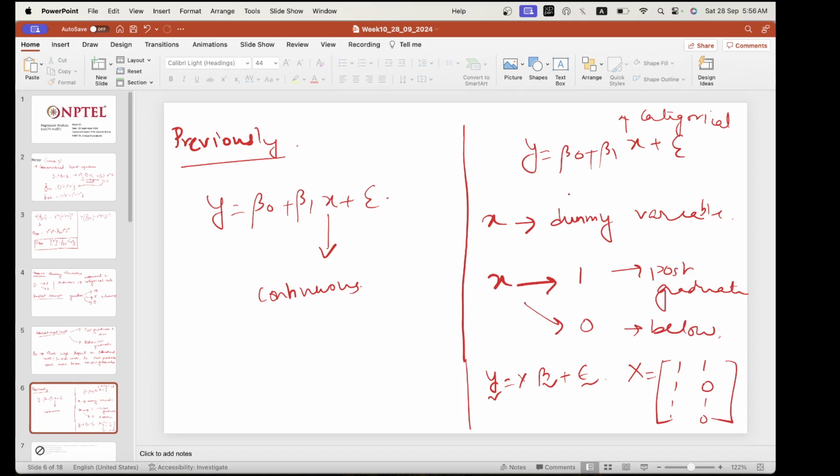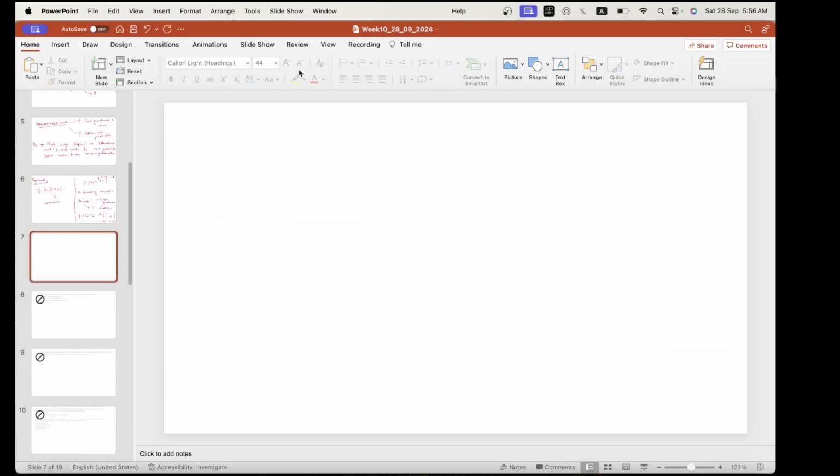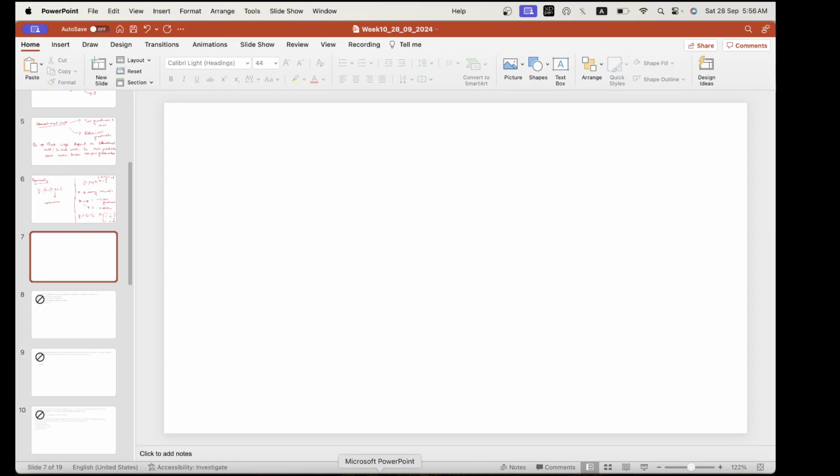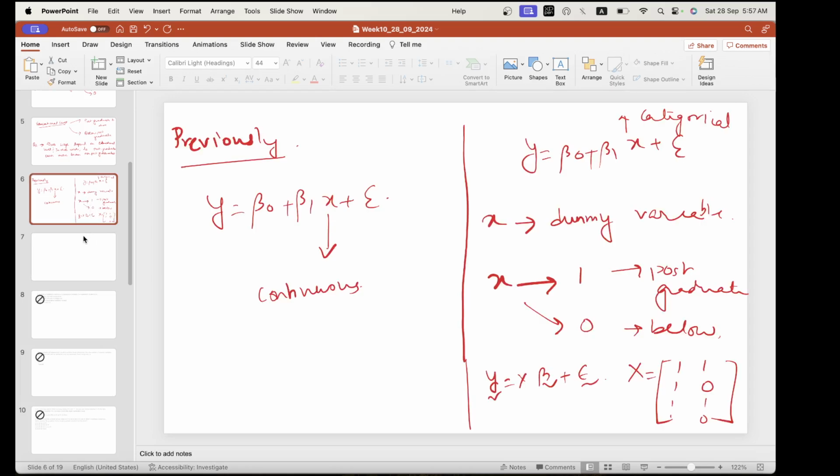Okay, so this is the simplest possible case. This was the case where we had one dummy variable.